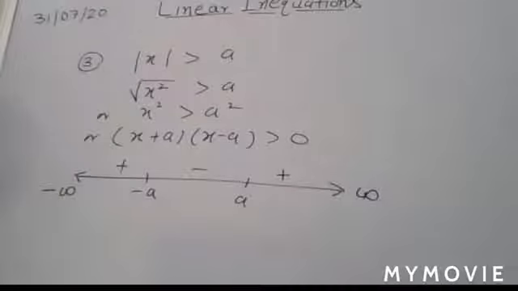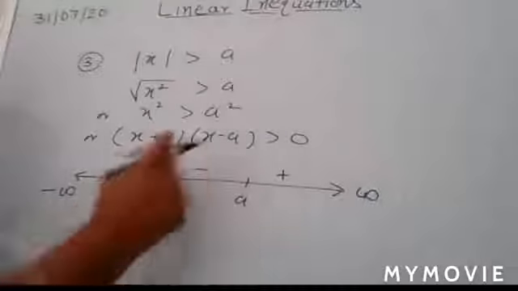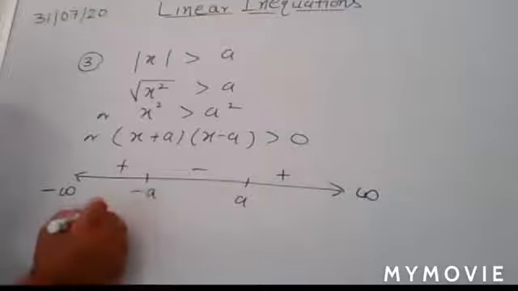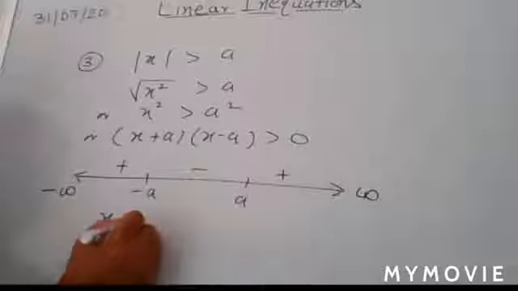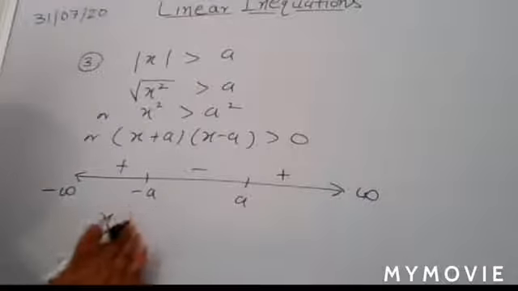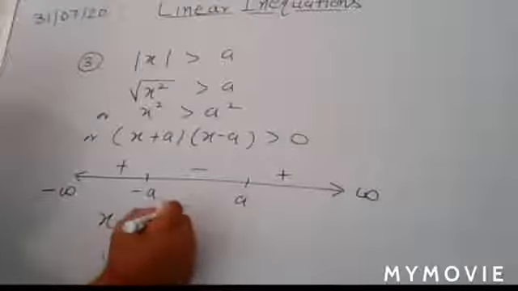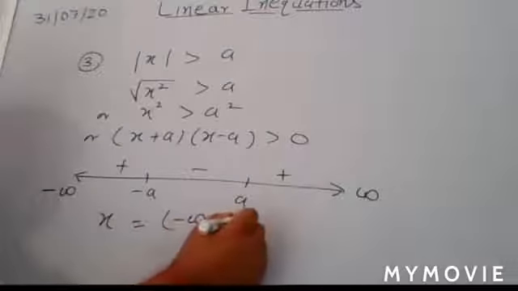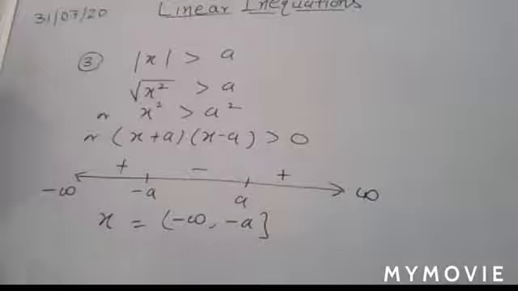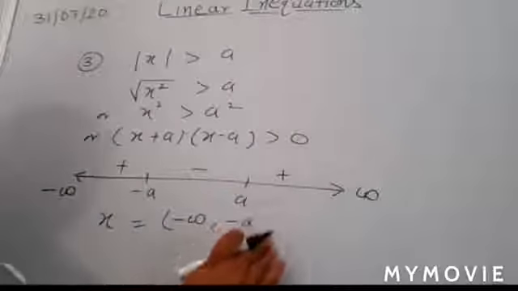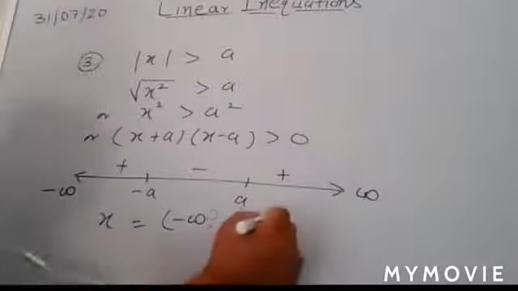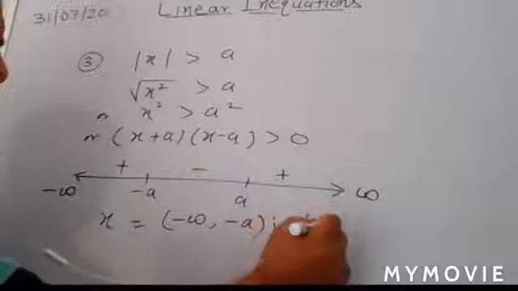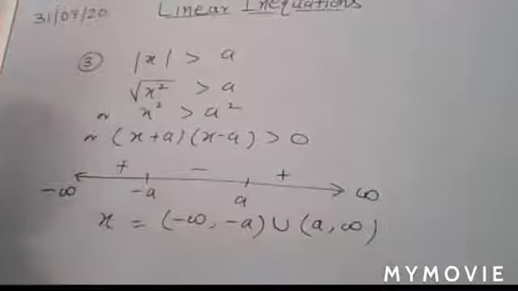So here you have to take the union of that. Okay. So with the help of this number line, you can say x belongs to minus infinite to minus of a, open bracket is there, union a to infinite.